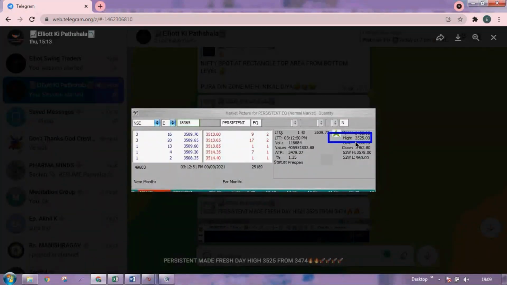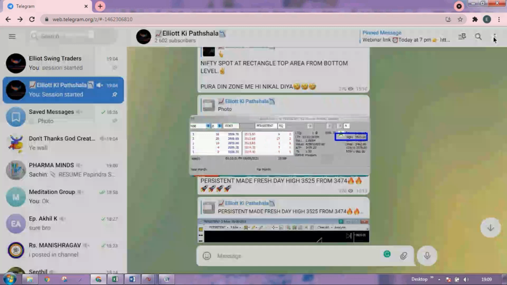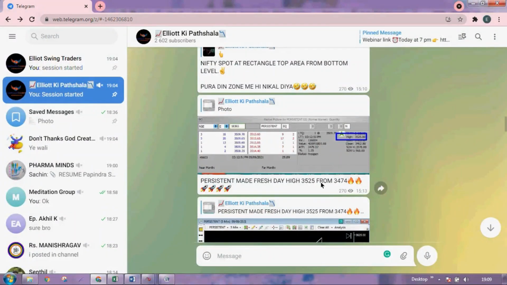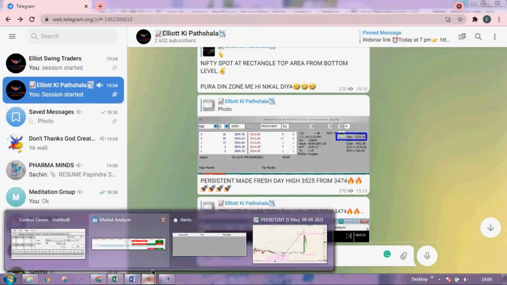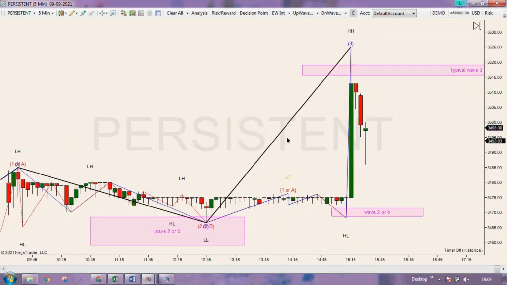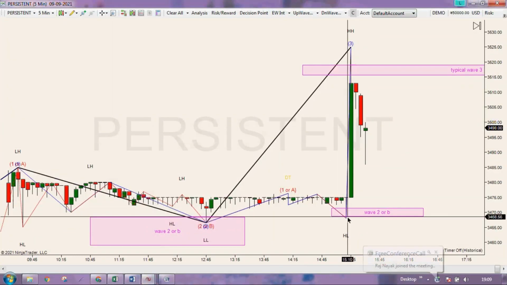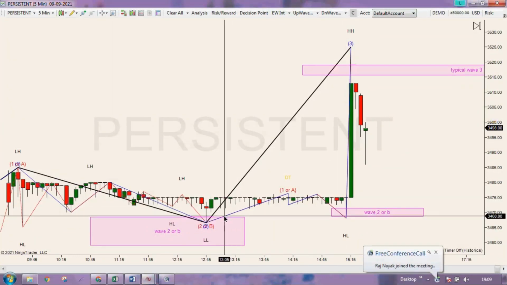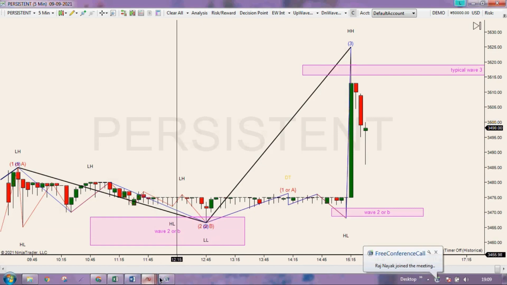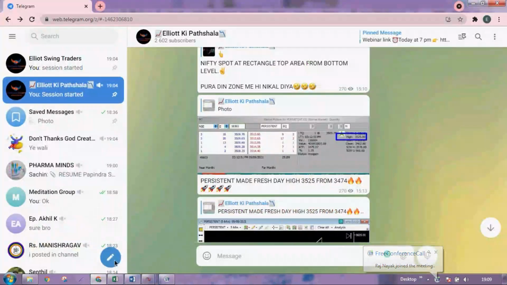You can see here that from 3525 it went to 3474. It was 3525 at the time I posted, and from 3474 we could catch it.